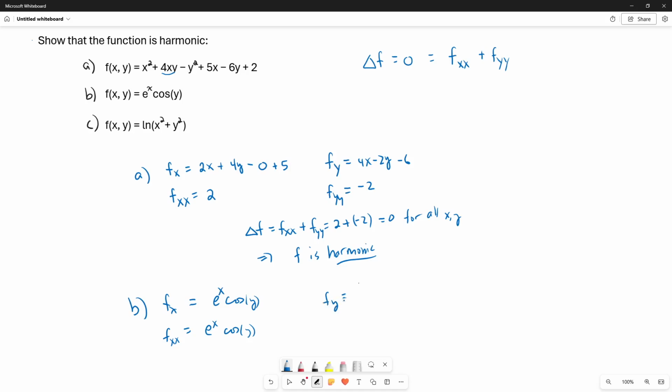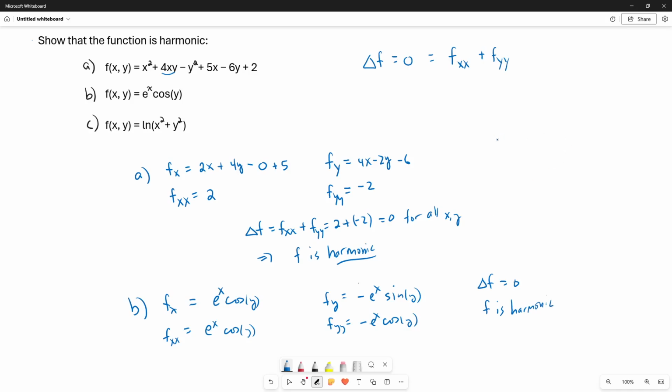Now f sub y, in f sub y, e to the x is a constant, and the derivative of cosine is negative sine. So we get negative e to the x sine y, and then the second derivative with respect to y, the negative e to the x is a constant, and the derivative of sine is cosine, so negative e to the x cosine y. And when we add these, we get 0, and so this function is harmonic as well.